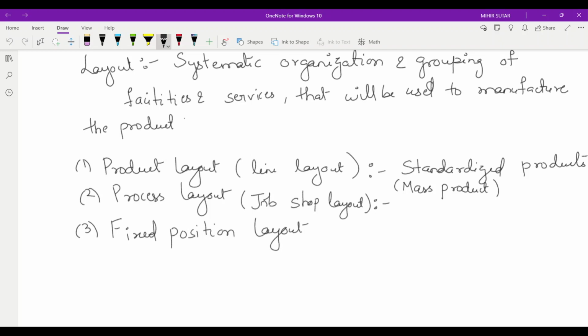Because it's such a big product that we cannot move it, we have to bring the machines, and that's why it is a fixed position layout. Product is fixed, and so men and machines will be coming together and they will be producing the product. So your routing depends upon the type of layout, whether it is product layout, process layout, or fixed position layout.